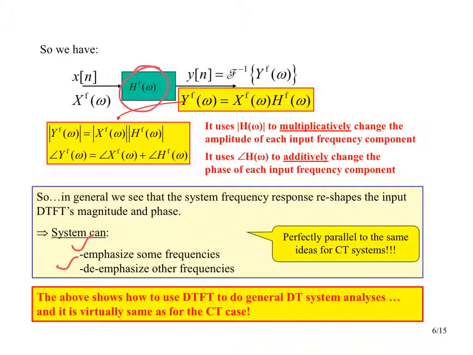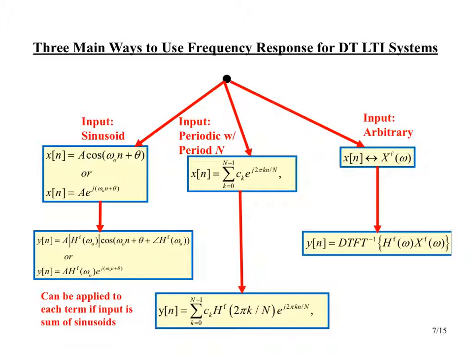And so as we are trying to understand how a particular system works, or we're trying to design a system to do a particular thing, we don't necessarily do all this math, but we certainly rely on the math telling us what this frequency response is showing us, and we design with our eye on the desired frequency response rather than with an eye on the desired impulse response. So that's kind of the insight that all of this gives us.